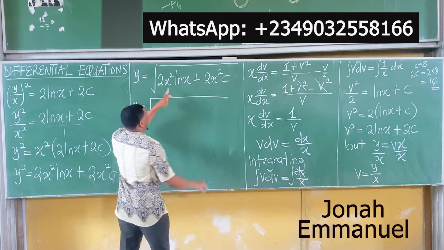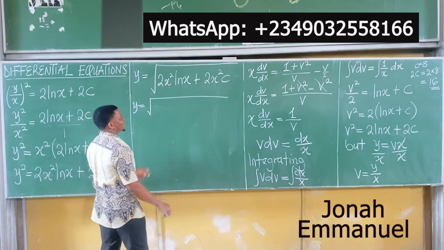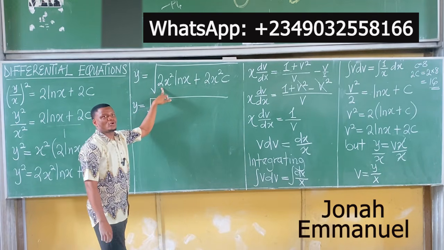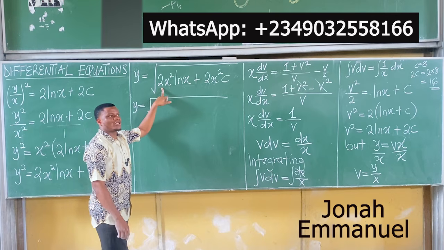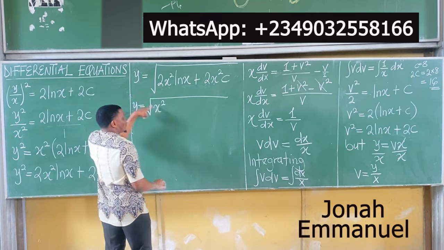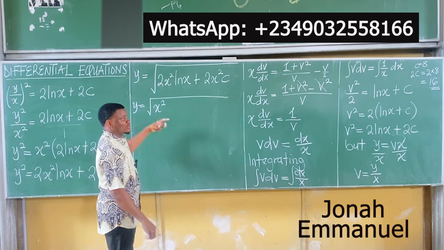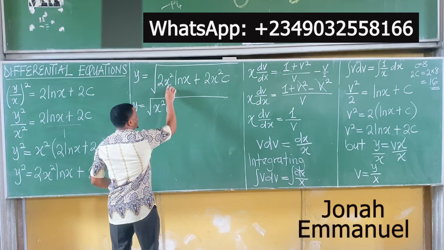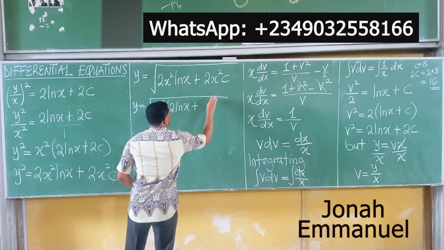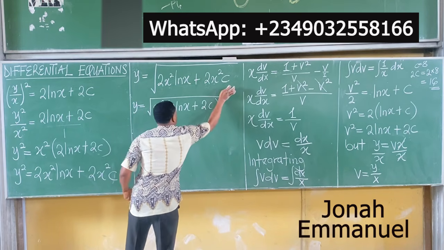So watch this. I can factorize x squared. I still have 2, but you cannot take the square root of 2, since that just gives you root 2, which is not what I want. So I'll just take x squared, because I know that I can take the square root of x squared to give you x. I'll pull out x squared like this. I'm left with 2 ln x plus 2c.